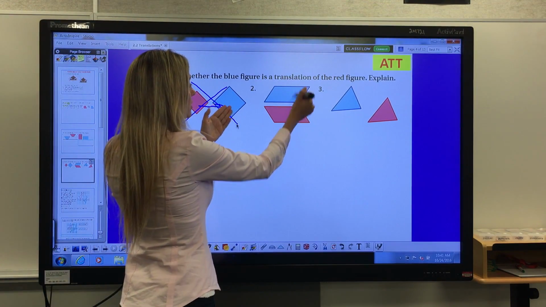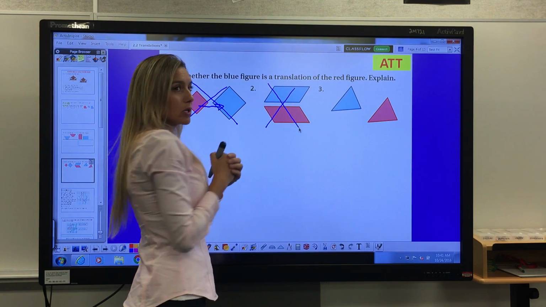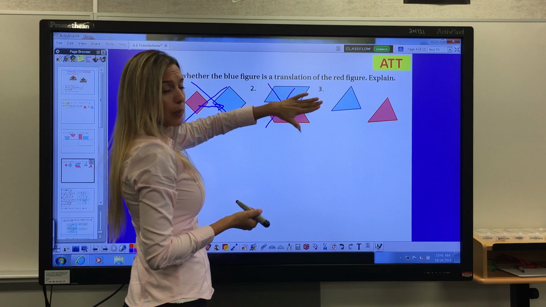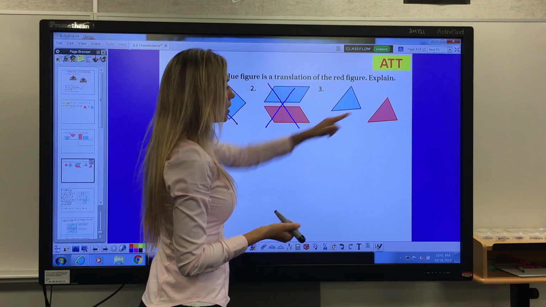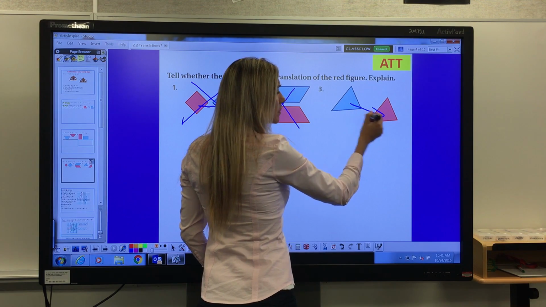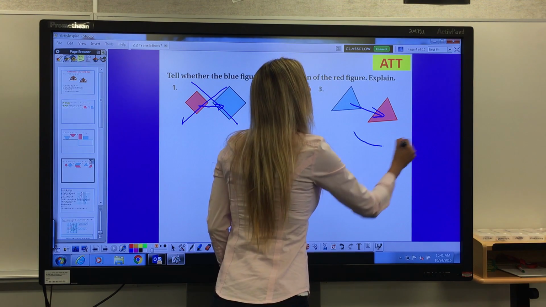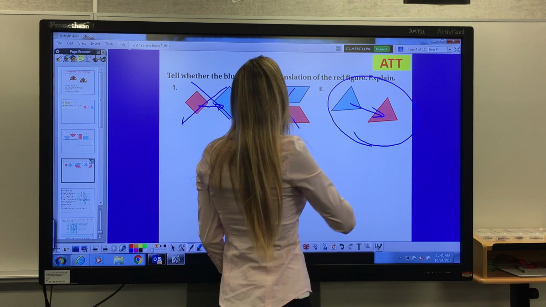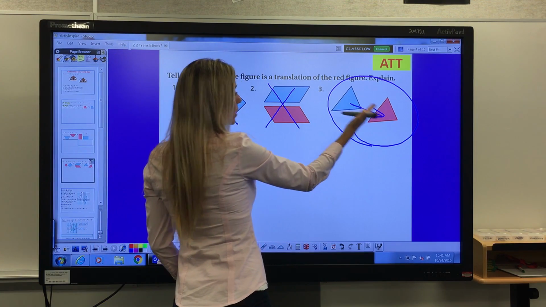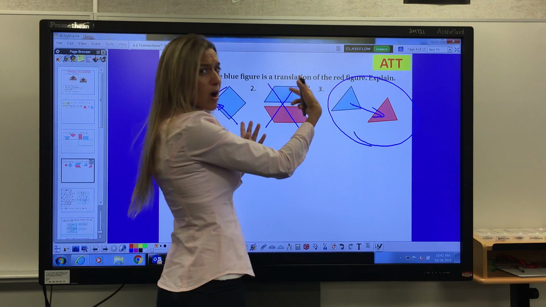This one is also not a translation, right? It changed its shape. And here? It just slid a little bit, so this is a translation because the red figure became the blue and it just went a little bit up. That is all.